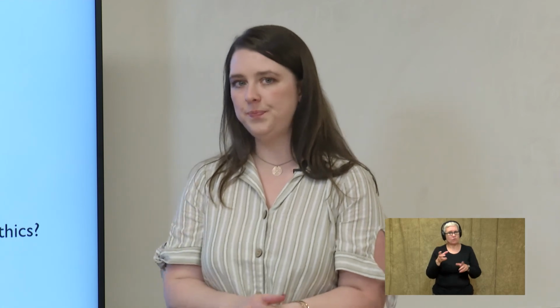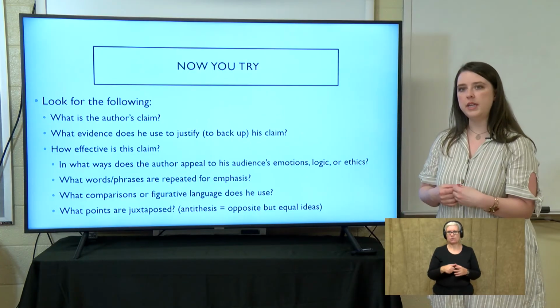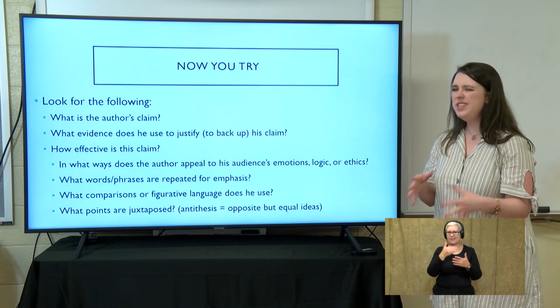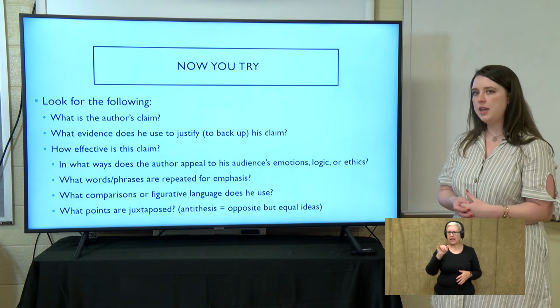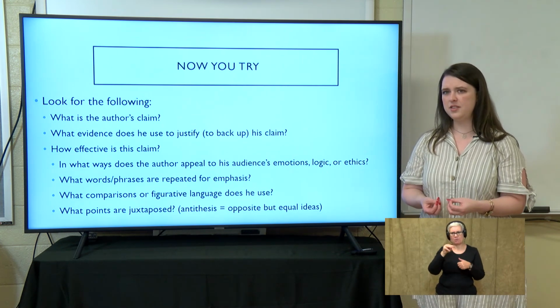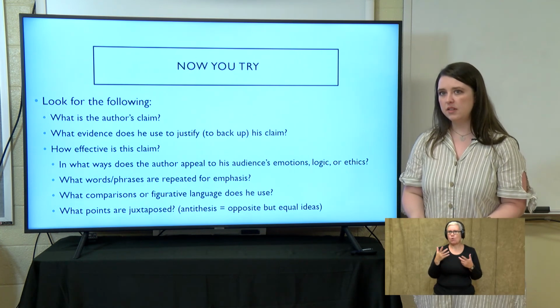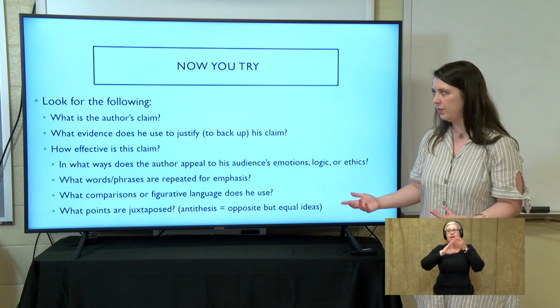Okay, we're going to be closing right now, so I want you to think about this as you're going through your lesson this week. I want you to look for the following in your text. What is the author's claim? What is it that he's getting at? Think about Dr. Martin Luther King Jr. He's making this very bold statement that, yeah, things aren't as bad as they could be, but they still could be so much better, right?